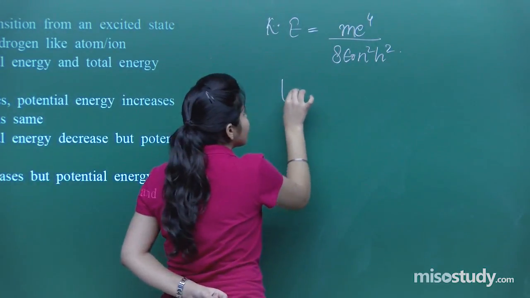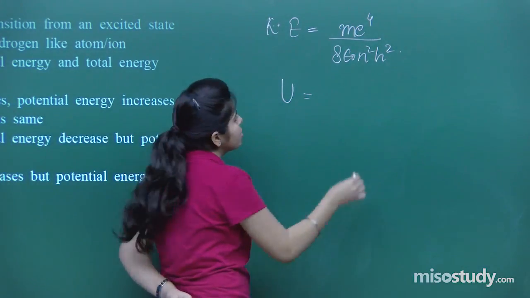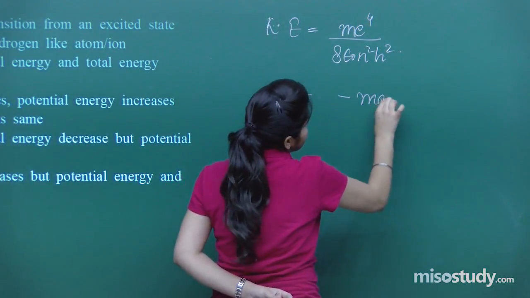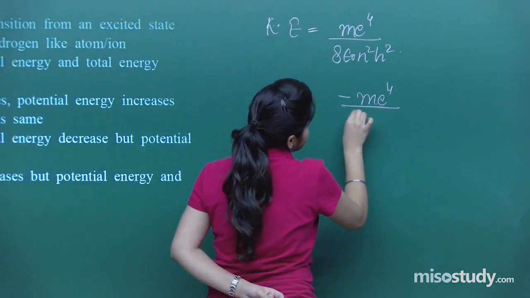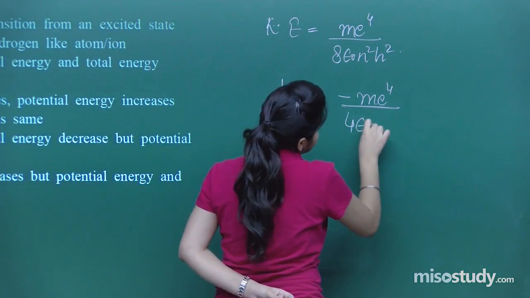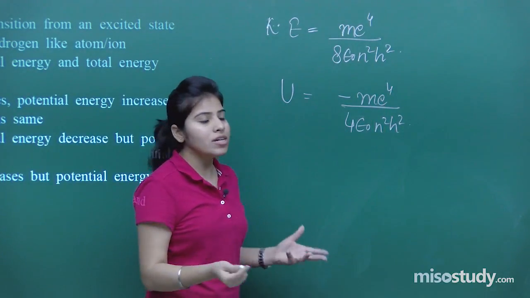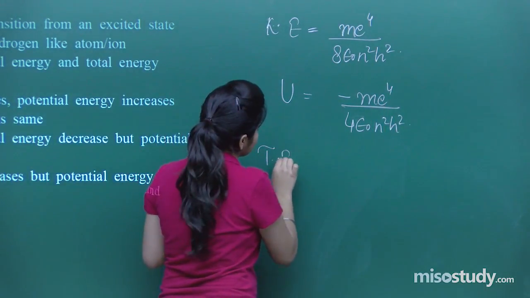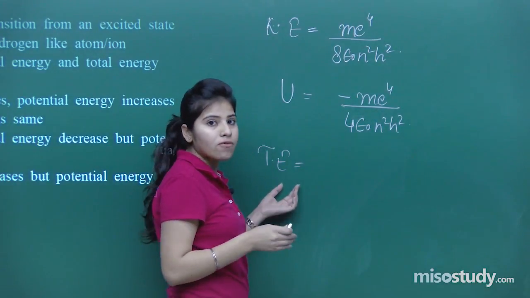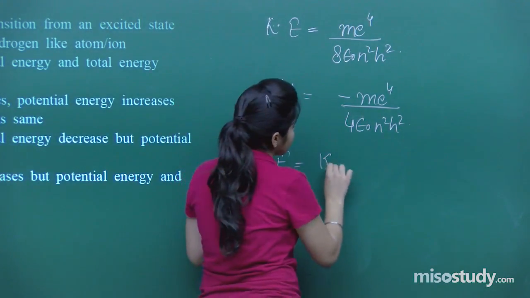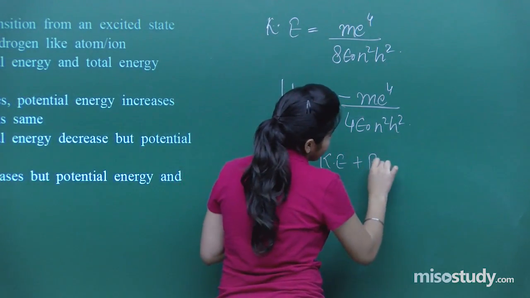And if I will be writing about potential energy, that is nothing but... and you know that total energy is what? Total energy, you need not remind this formula, you can find it out: kinetic energy plus potential energy.